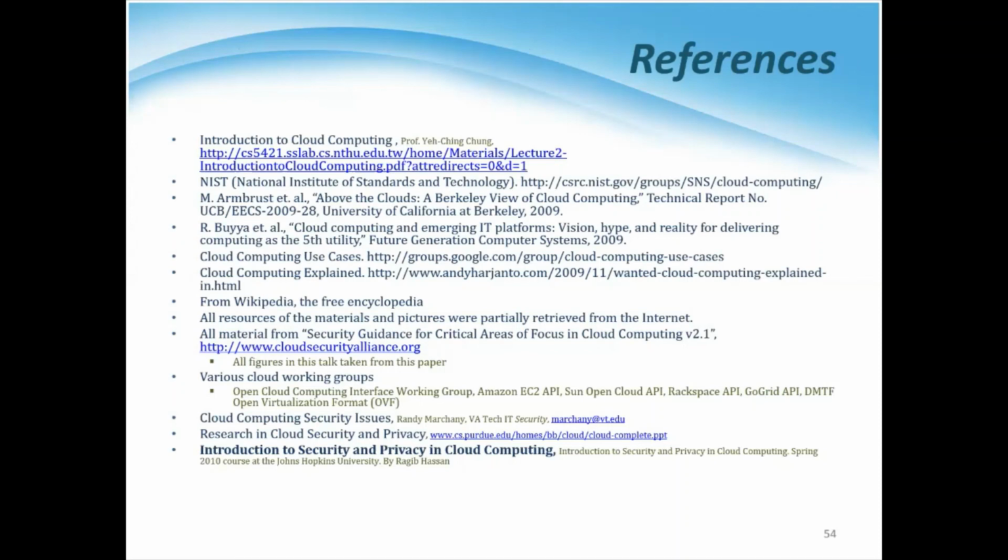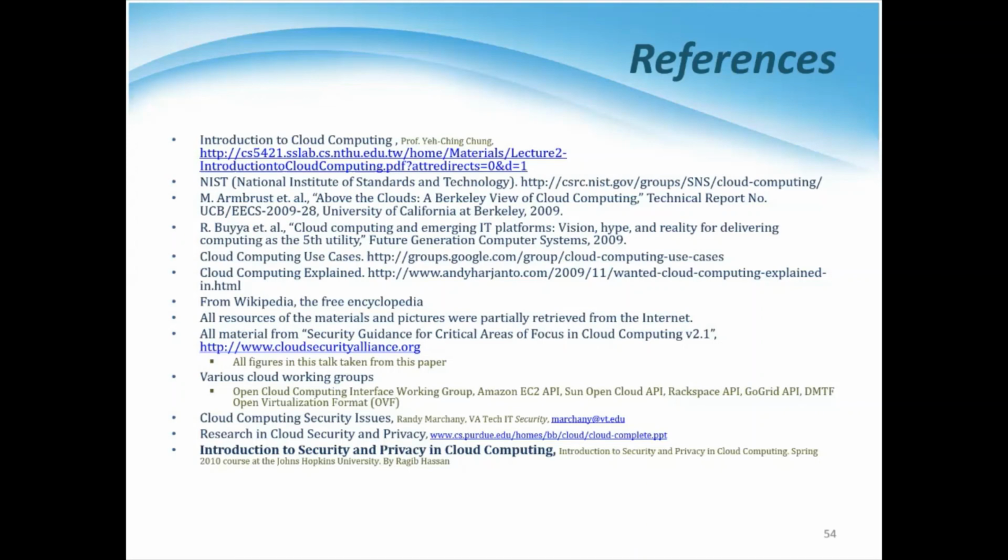These are some references you can use or search to learn the concept behind cloud security. Some useful websites are there, such as www.cloudsecurityalliance.org. All figures in this talk were taken from this paper.